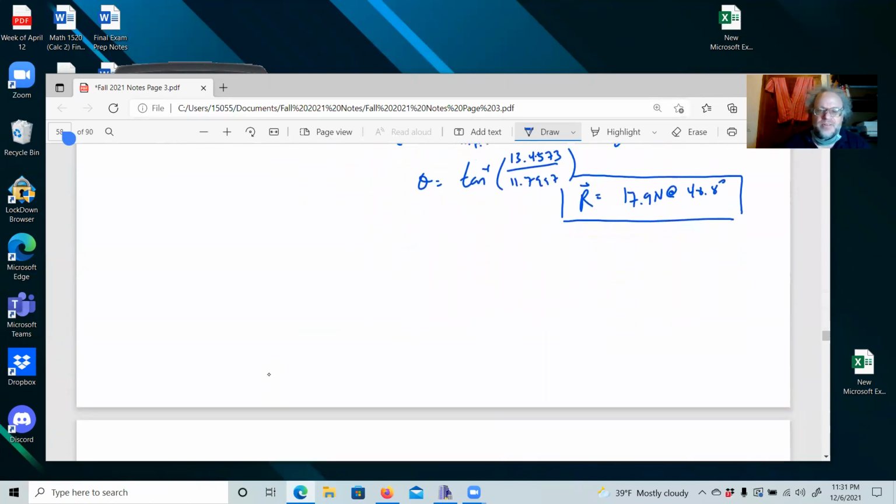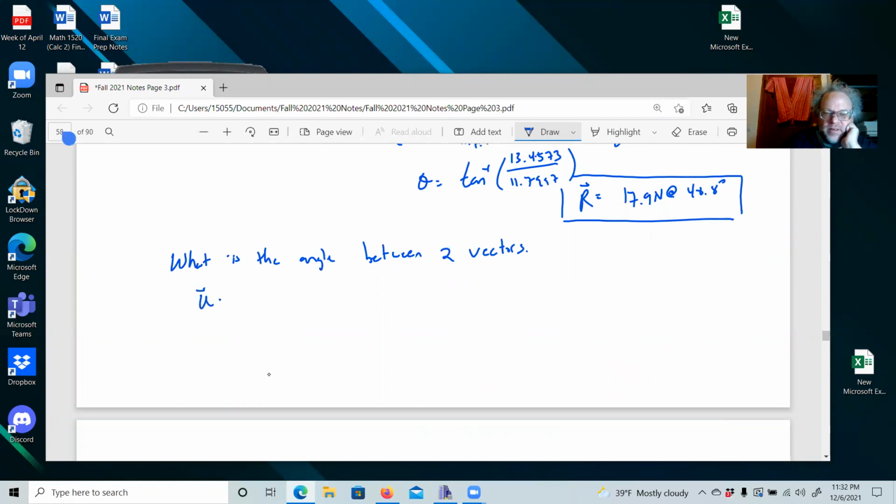So the last thing is to come up with, well, what is the angle between two vectors? And I'm sorry, I did not provide this formula. You're going to have to memorize this. Remember what a dot product is?